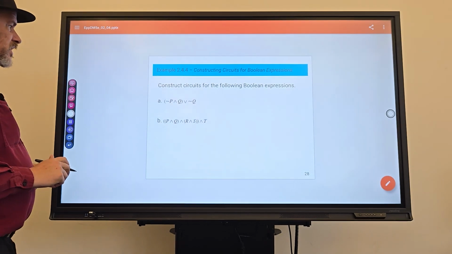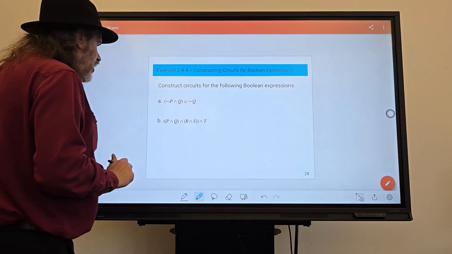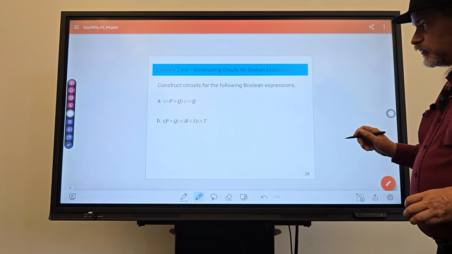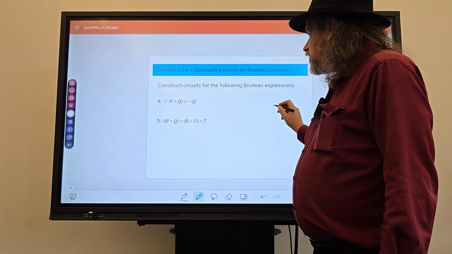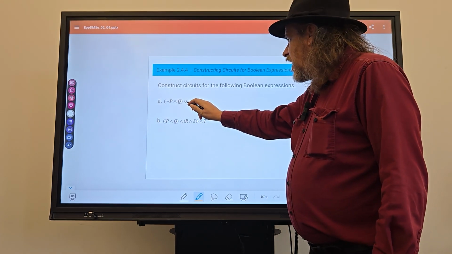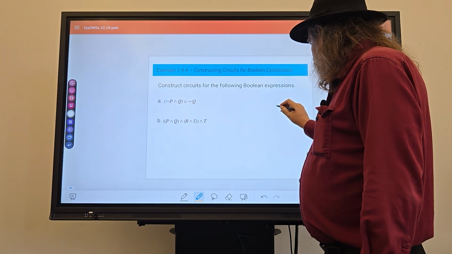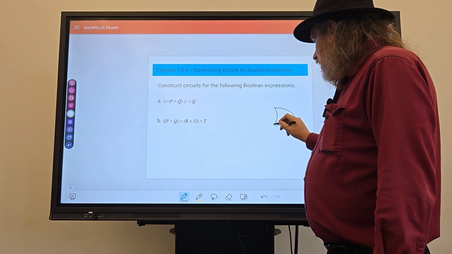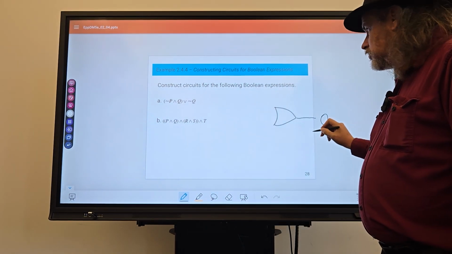So you have P and not P and Q, or not Q. Your outer operation is an OR. So draw your OR gate, and that's your final output.